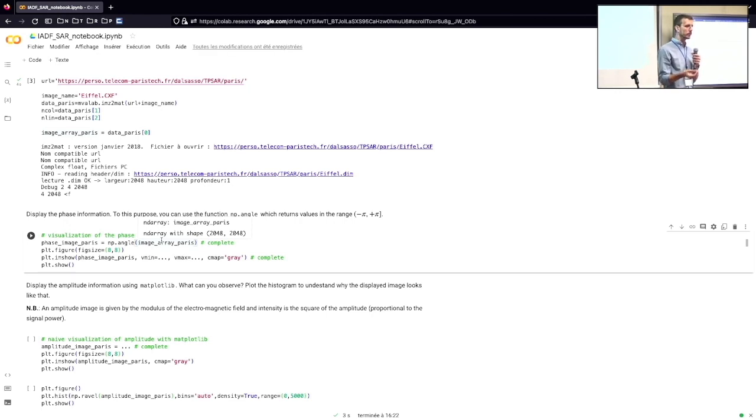So in this sense, the phase is wrapped, meaning that values are wrapped between -pi and pi. So when you visualize it with the matplotlib library, you have to select the minimum and the maximum value. So you will just display values between -pi and pi.